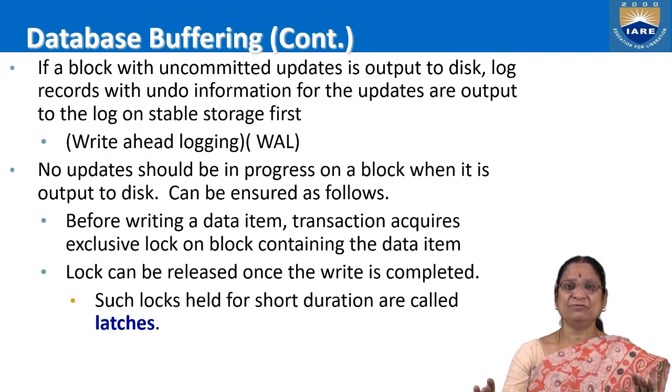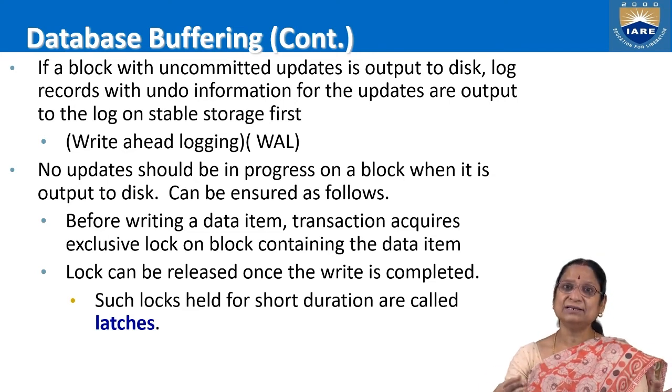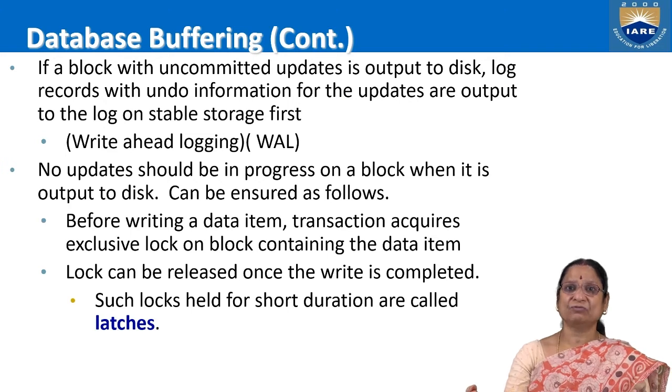Because the block is being written from buffer to the disk, during that period some of the transactions may need some data, but we should not provide data because it is under the process of updating in the secondary storage device. It must be ensured that during the updates, no other transaction uses the respective data. How to ensure that? We will put an exclusive lock on that particular block. Once you acquire an exclusive lock on the block, no other transaction will get any lock on that particular block of data.